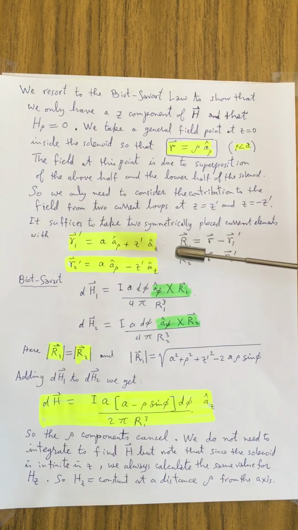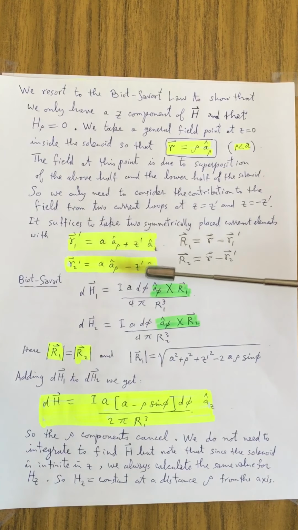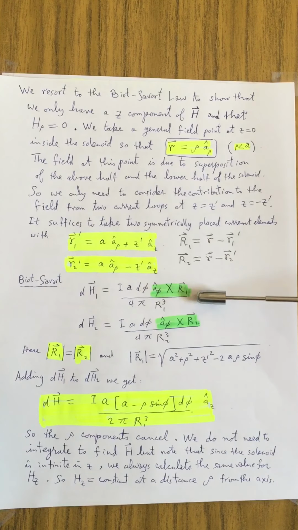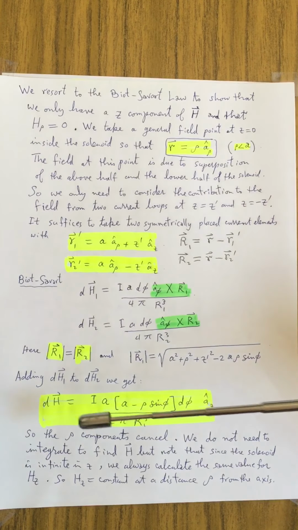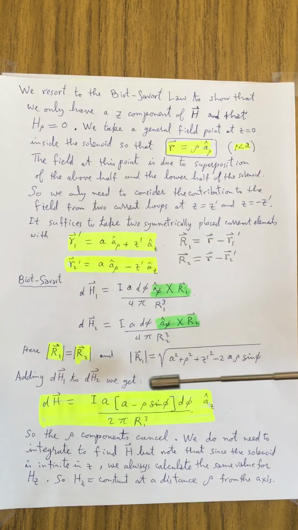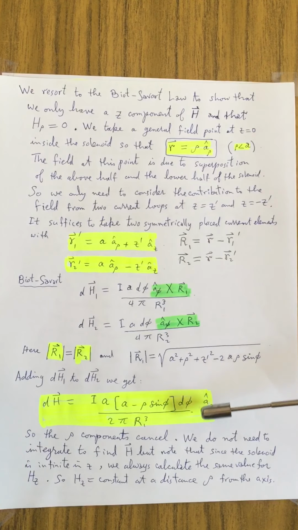Now, because z prime and minus z prime are opposite here, they will cancel out when we take the cross products, and if we combine dH1 and dH2, we will get dH equal to I a times (minus ρ sine phi) dφ times az divided by 2π R1 cubed. So the ρ components cancel.